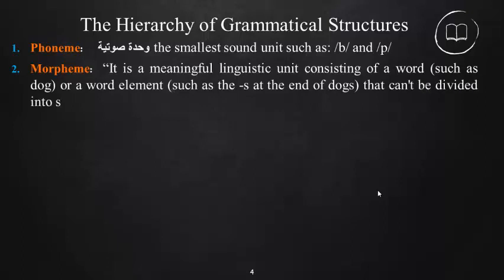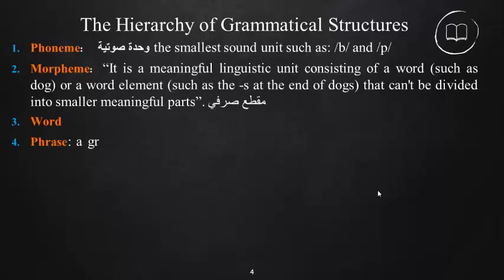Dogs. This S of dogs is a morpheme. So dogs contains 2 morphemes. And then bigger than the morpheme is the word.